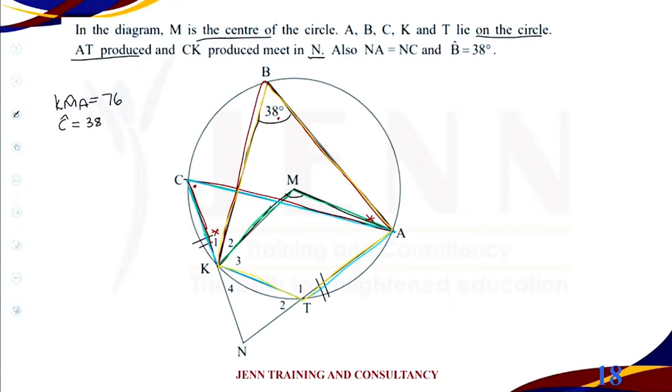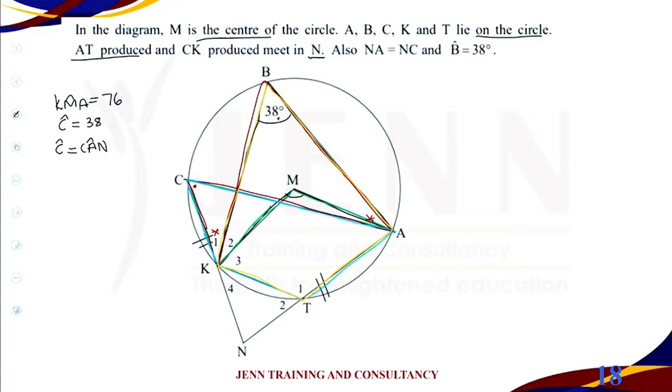And also from my toolbox, I could say that angle C is definitely equal to angle CAN. Remember, angle C is equal to angle CAN. And the reason for that, they are what? Angles opposite equal sides. Why?